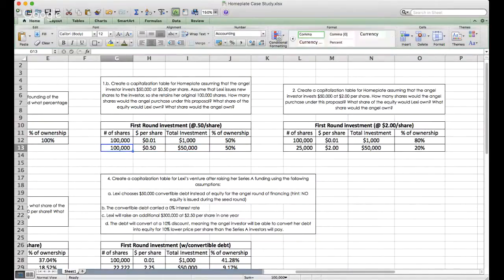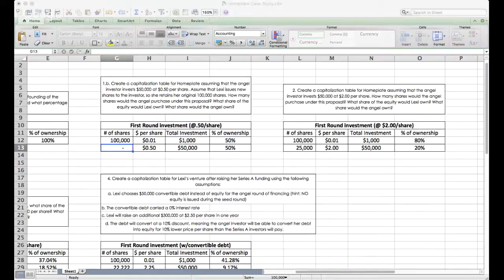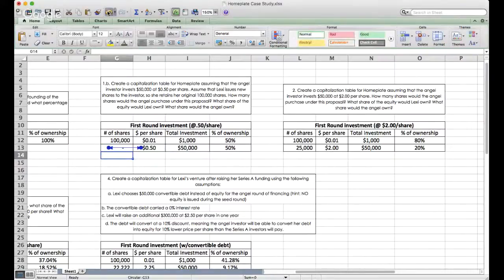So to get this one, let's see. You divide, wait, that's why I didn't do that, because that's already a formula. Okay, so this was 50,000 divided by 50 cents to get 100,000 shares.